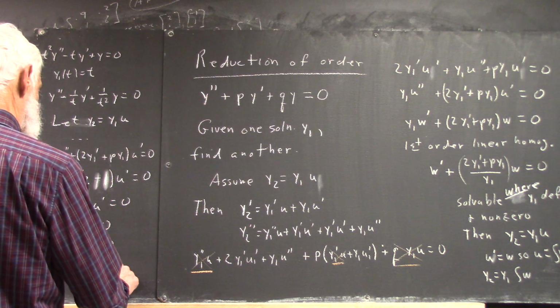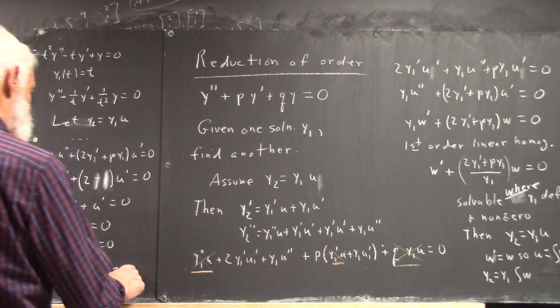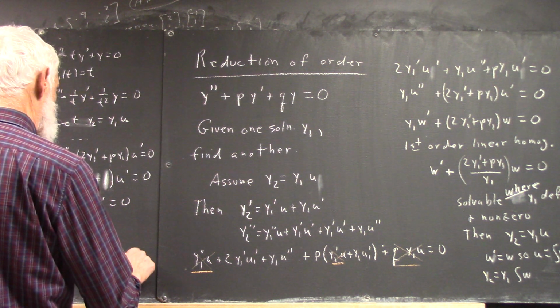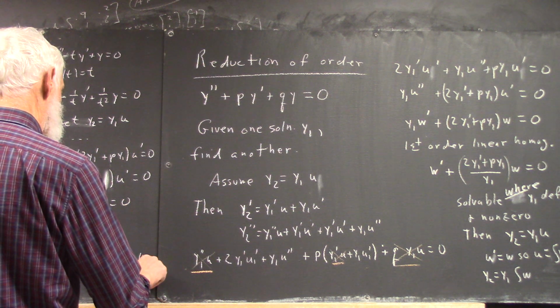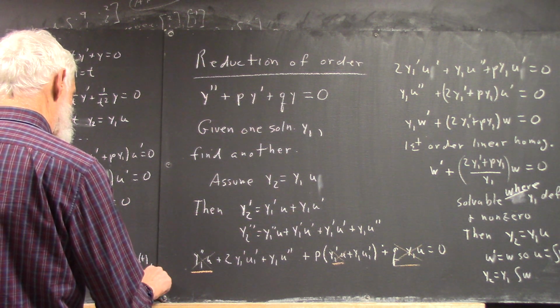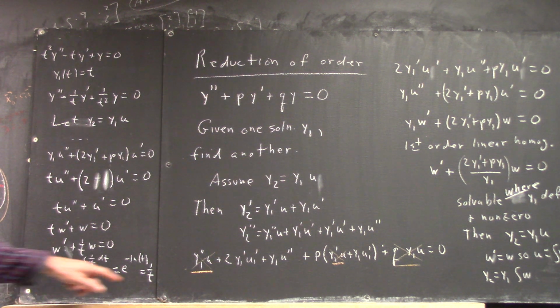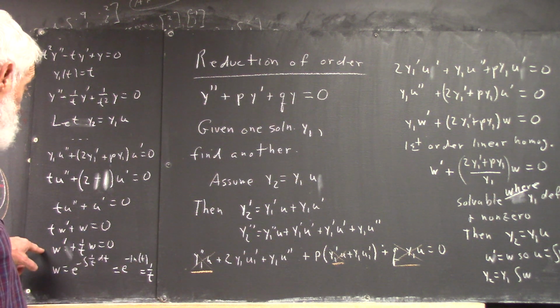Anyhow, this equals e to the negative natural log of t, which is 1 over t. And you can check that. The derivative of 1 over t is negative 1 over t squared.